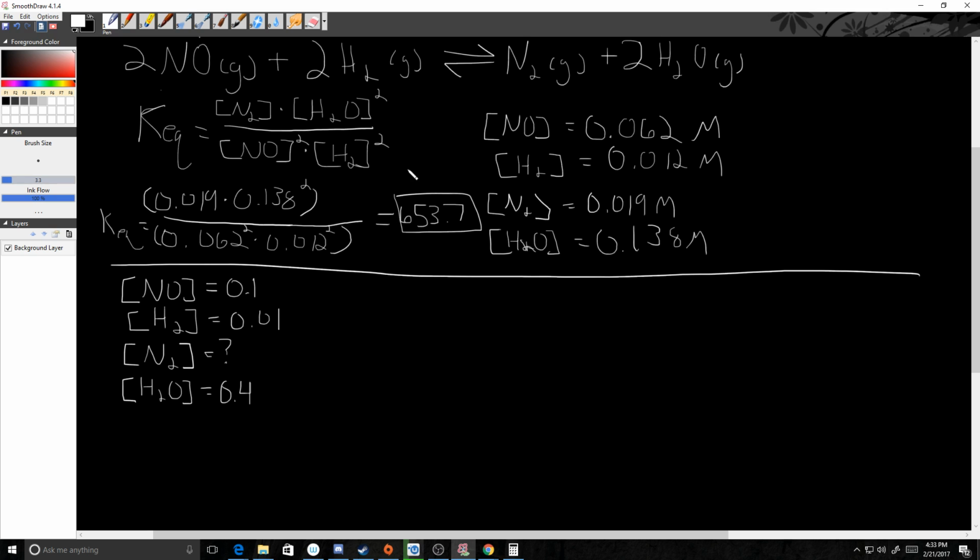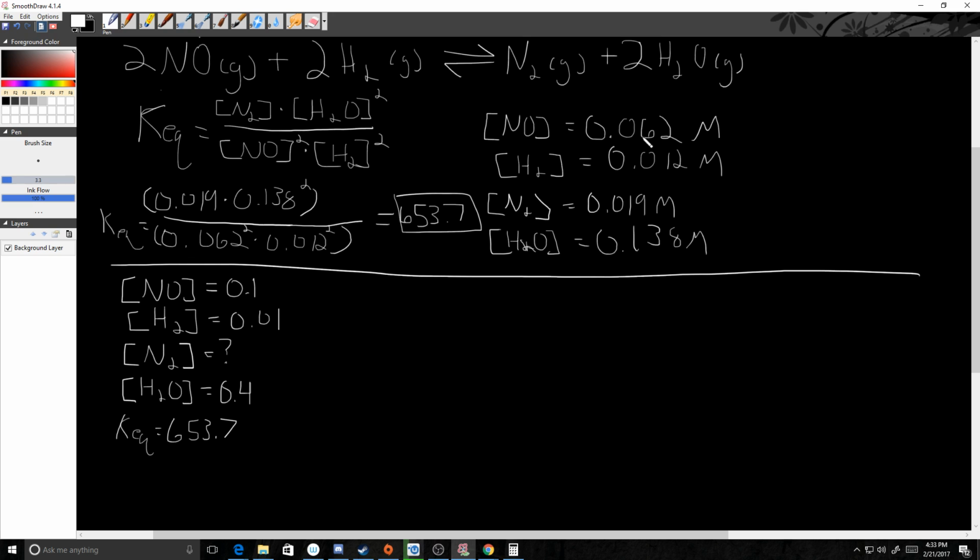Luckily for us, we already found the equilibrium constant, so I'm actually going to even keep that down here as well. So 653.7. Now that equilibrium constant actually tells me quite a bit too. It tells me since that number is way above 1, we're going to have way more of our products than we have reactants.